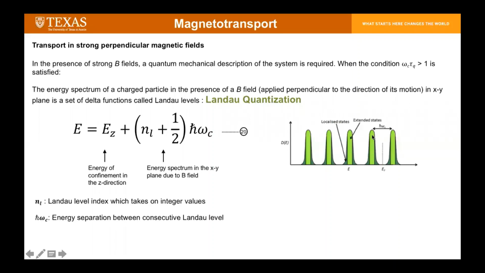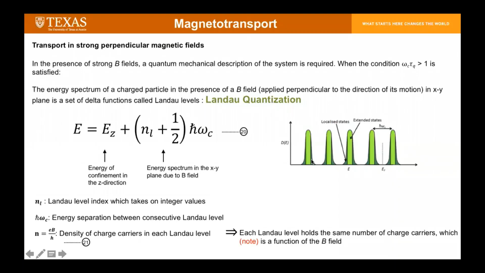So the separation between two Landau levels is given by h-bar omega c, and we label each Landau level with an index called the Landau level index, given by this number N_L. And this Landau level index can only take on integer values. That's a requirement of this Landau quantization. I'll come back to this figure in a second.